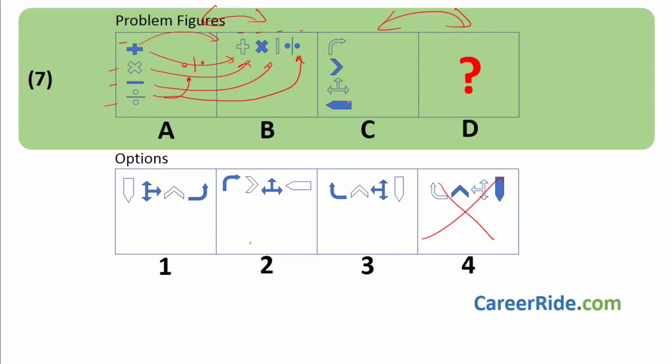Same way, over here if we observe all 3 of them, in all 3 of them what is happening is that everything has to be turned by 90 degree, but this is same as this, this is same as this, so this is not turned, so this is not the answer. We have to check between this and this. Turn this by 90 degree, what you will get? You will get over here like this, right? We have it over here, right?